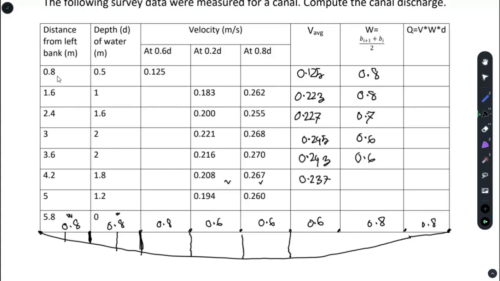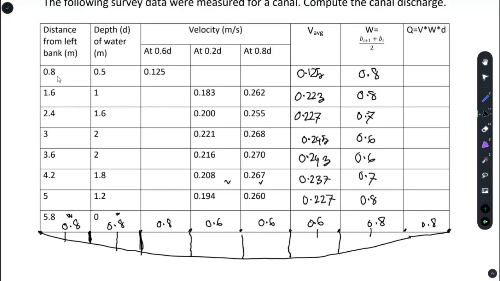And here the distance is 0.7 because it is 0.3 and it is 0.4, so 0.7. And here you will get an average velocity of 0.227 and the distance is 0.8.